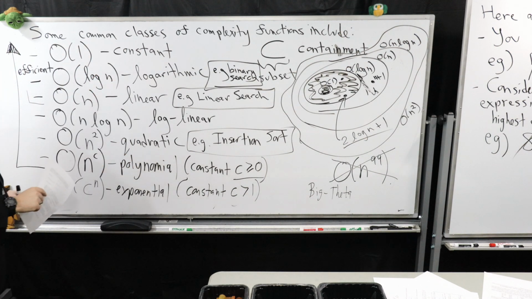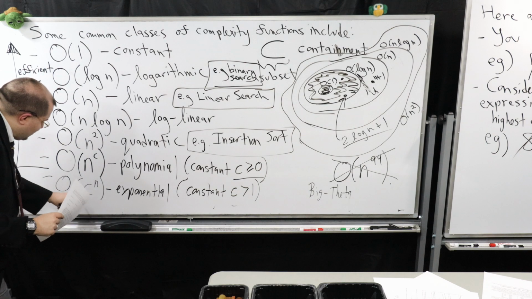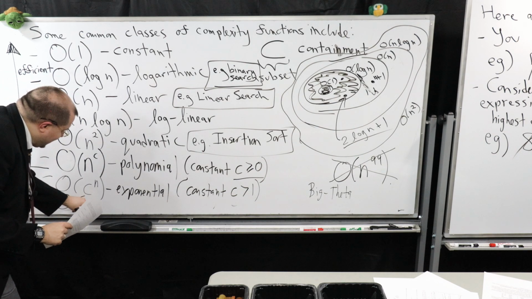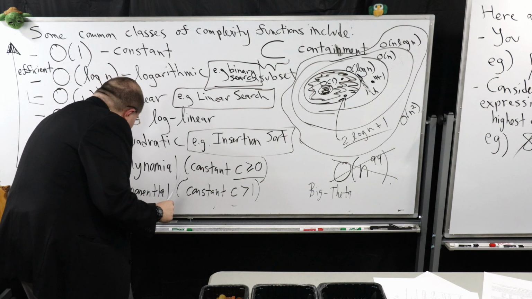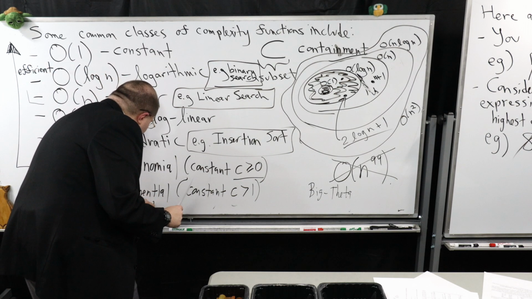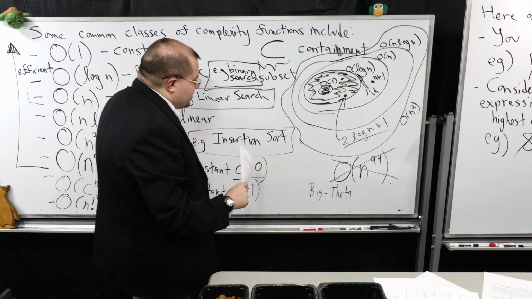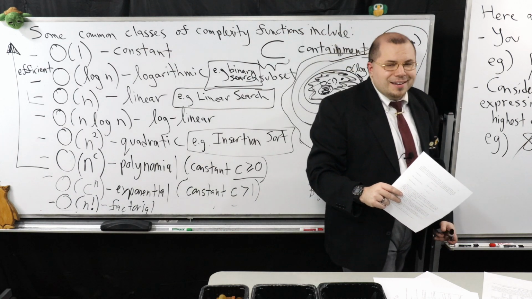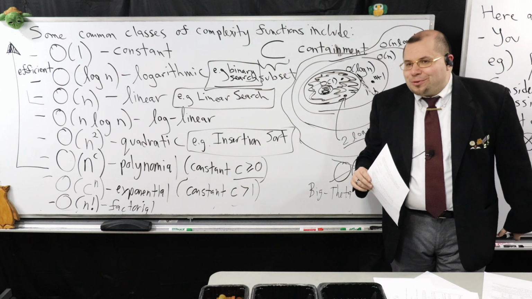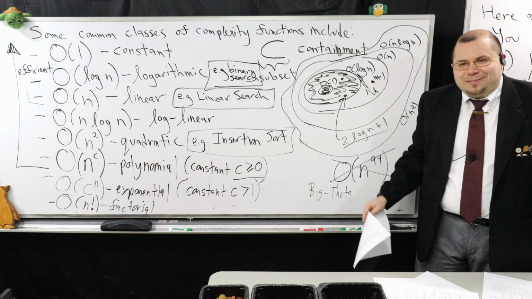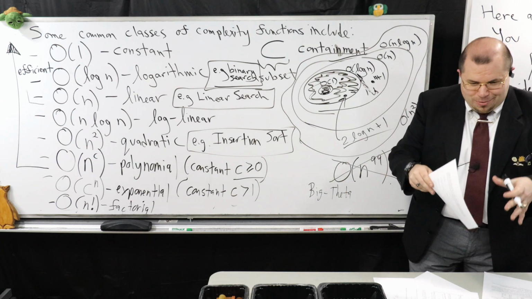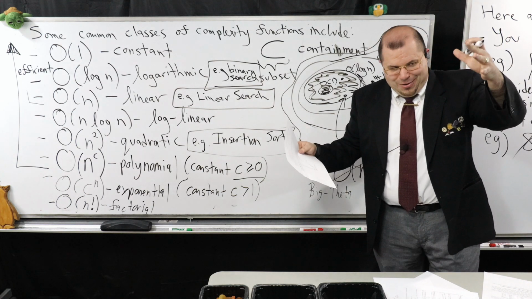In fact, I'm going to write 2 more here. These are the ones with really nasty growth rates beyond even exponential. For example, there's factorial. Even for a sufficiently large n, n factorial grows so fast that it'll make the exponential look like a little Chihuahua versus a German Shepherd.